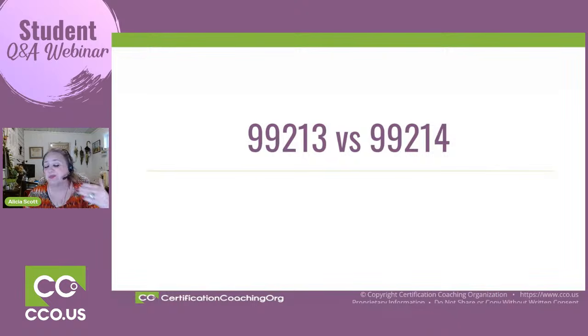But it's pretty obvious what is a 99215. That's the highest level that you can get in the outpatient doctor's office. The person has to have multiple diagnoses, complications, lots of tests being done, and the person's not going to get better on their own. They're really a complex and ill patient.